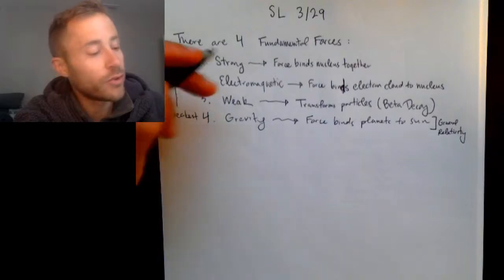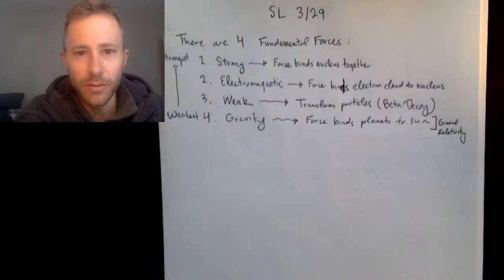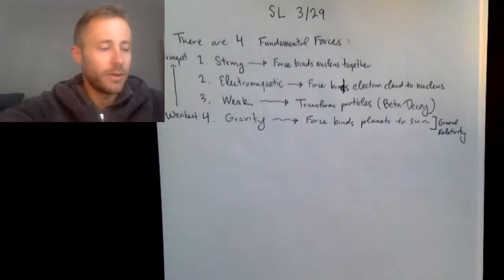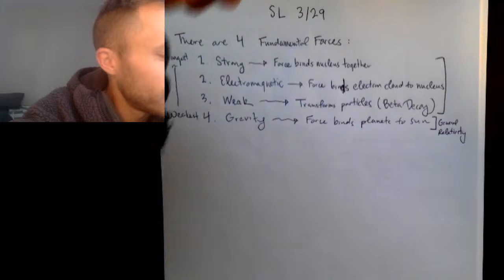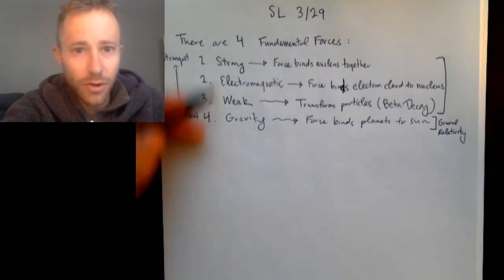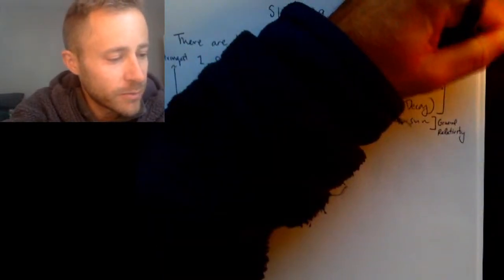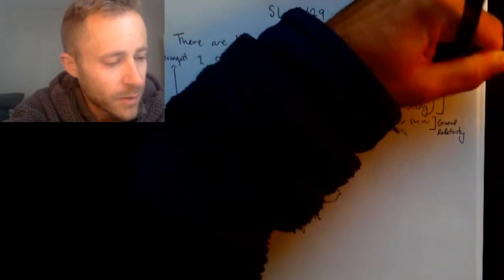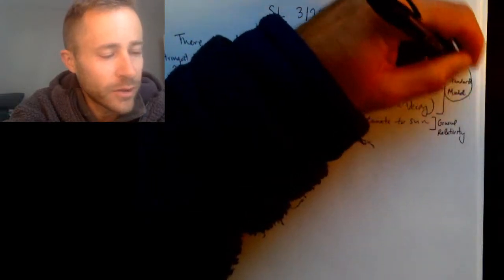And then we also have a theory of all three of these other forces combined under one umbrella theory. The theory that explains all three of these forces is called the Standard Model. And that is what we're going to discuss today.